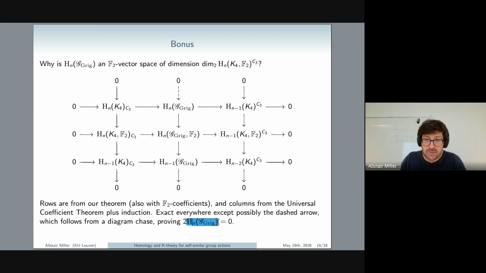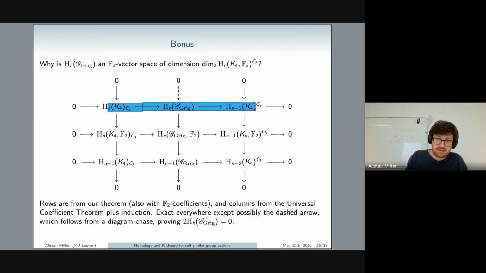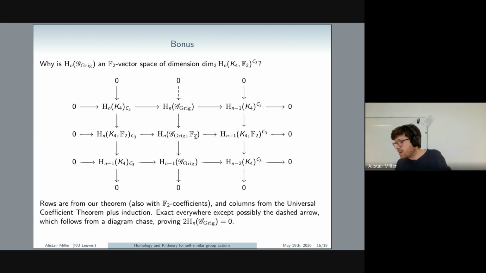We wanted to prove that this thing was a vector space so that we know the exact sequence here has to split. And that's what we wanted. Now we just do the summing of the dimensions of all of these other F2 vector spaces. But yeah, I think I should stop there. And yeah, thank you for your attention.